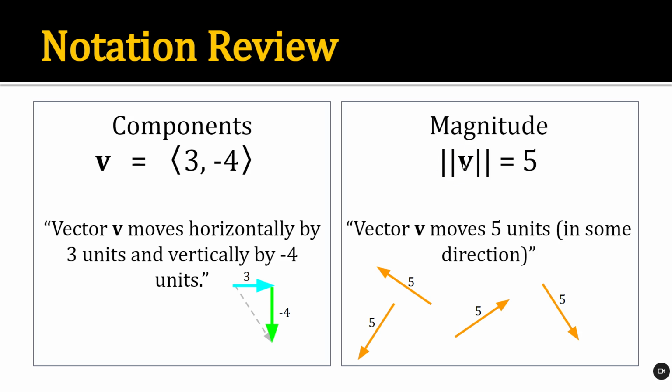Magnitude: the magnitude of vector v, we show magnitude either with double bars or single bars. Magnitude of v is 5, which means that the sum total distance is 5 units. Vector v moves 5 units. We don't know in what direction, but it's just 5 units in some direction.